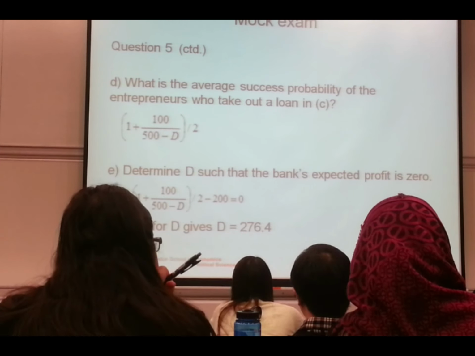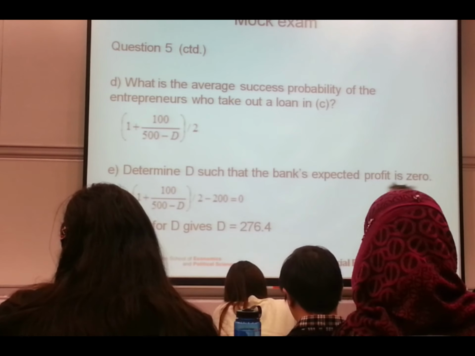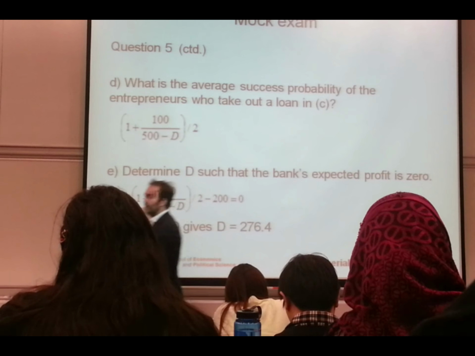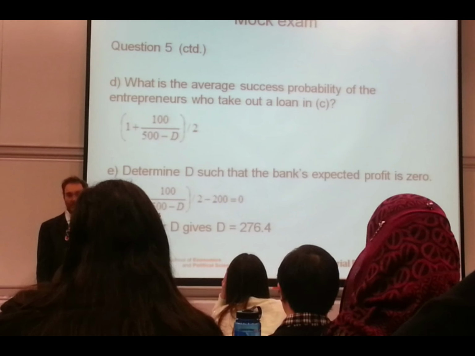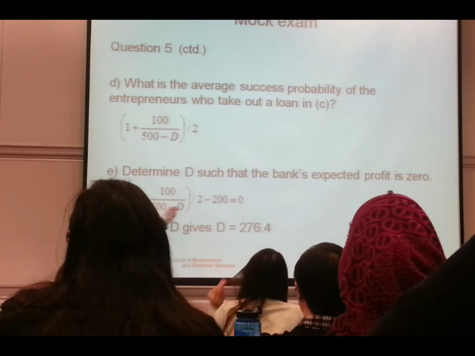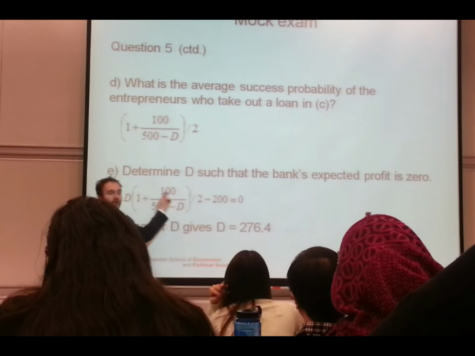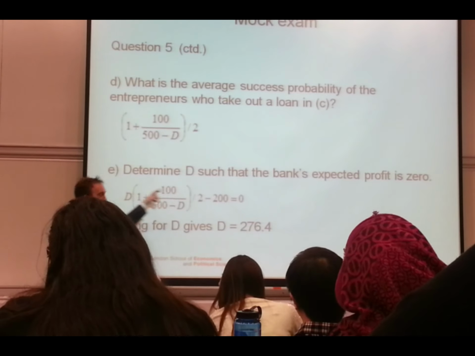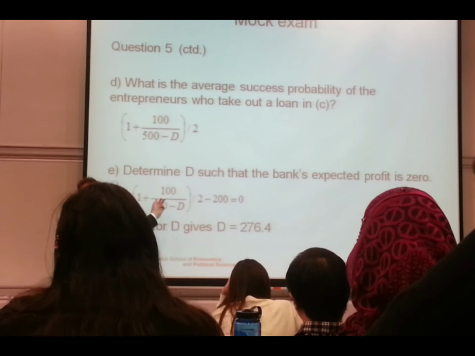The bank's expected profit is basically D, that's the repayment, times P, that's the success probability, minus X, that's the loan, right? So we know what the loan is. We're trying to find out what D is. So what's interesting now is the success probability.